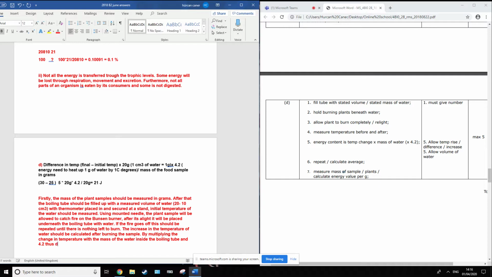thus dividing it by the mass of the plant sample, energy in joules can be calculated. Okay.